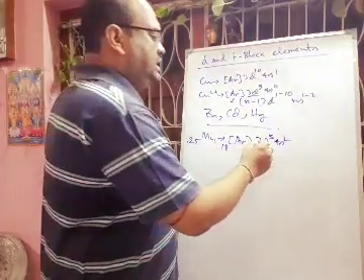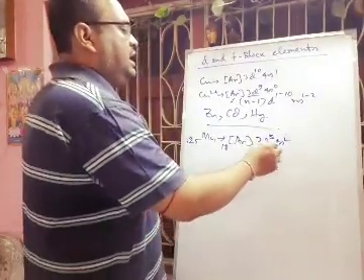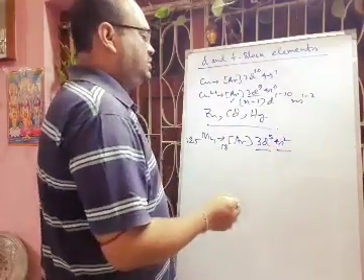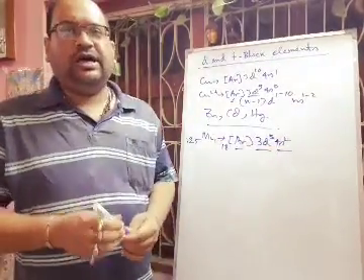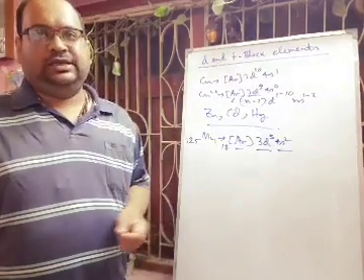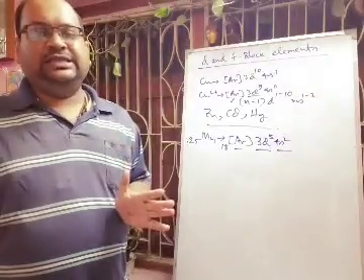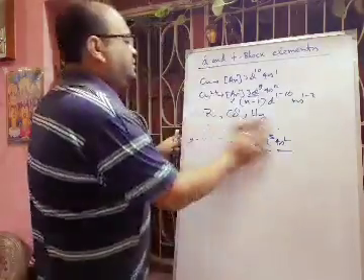So here you see this is (n-1)d, that means 3d, and here 4s2, and this is the electronic configuration. In this way you have to know the electronic configuration of all the transition series. In the first transition series, that is the 3d series, we will write them one by one, then you can understand.